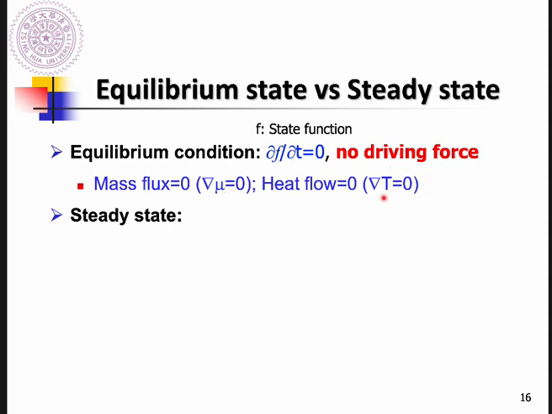Also, if there's no temperature gradient, which means that there's no temperature difference inside these material systems, then that won't lead to any heat flow. Heat flow equals 0. So these systems are under equilibrium state or equilibrium conditions.